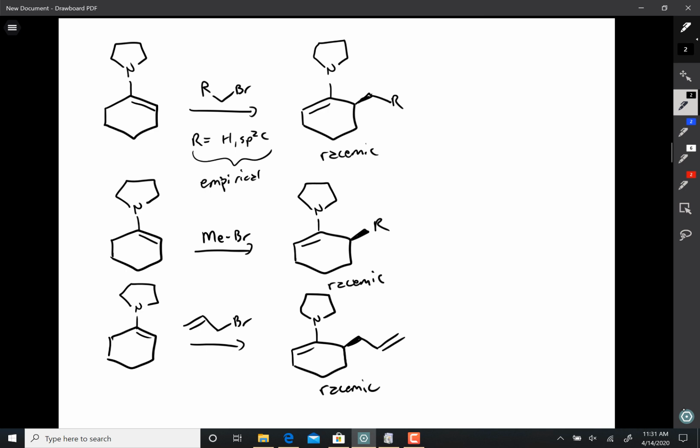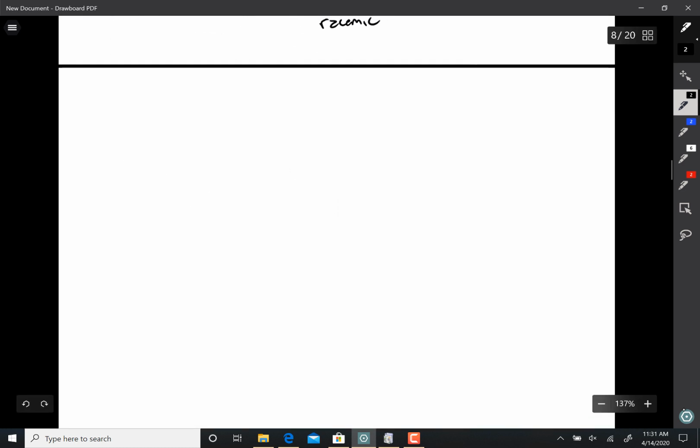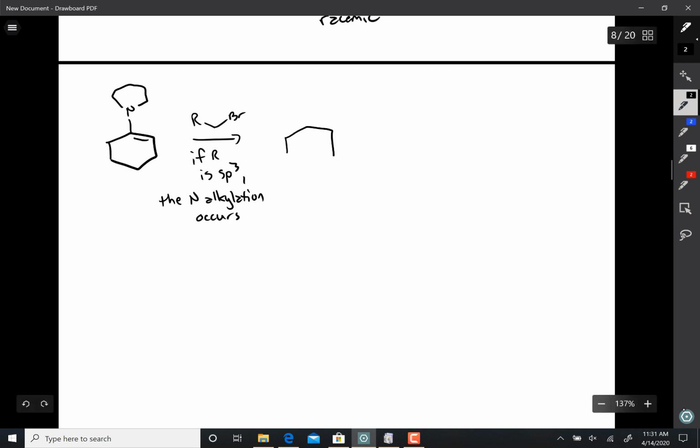If it's an sp3 carbon, you start to get some side reactions. And you start to get a lot more nitrogen alkylation.